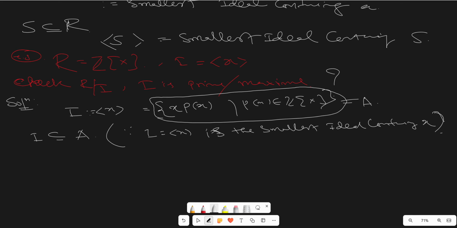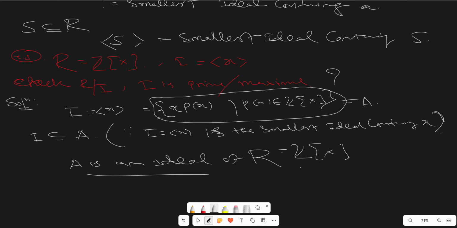You will have to verify that this A is an ideal of R, that is, Z[x].